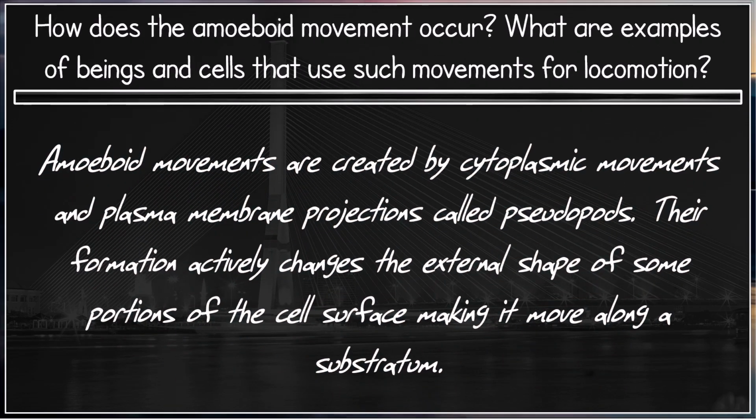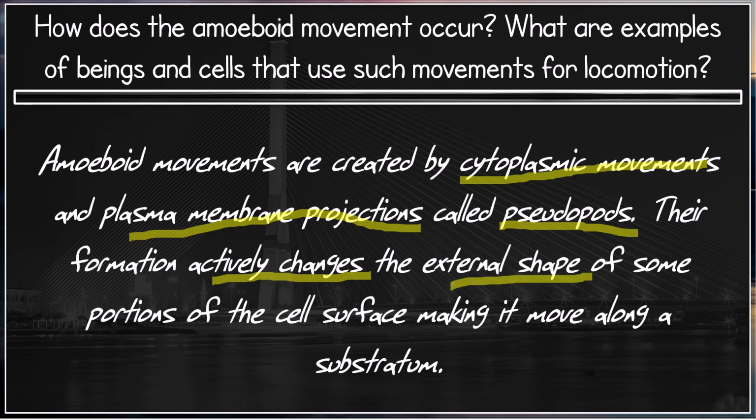Amoeboid movement is created by cytoplasmic movement and plasma membrane projections called pseudopodia. Their formation actively changes the external shape of the portion of the cell surface, making it move along the substratum.